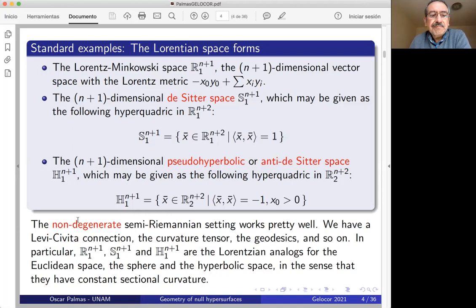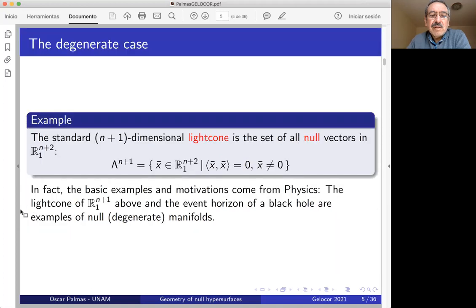What happens for the degenerate case? The standard example is the light cone in Lorentz-Minkowski space, which we all know can be seen as a cone.